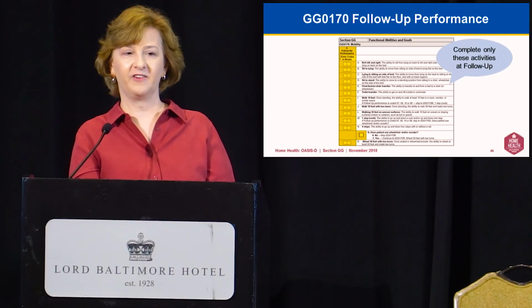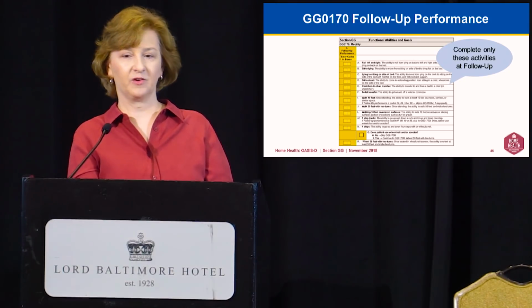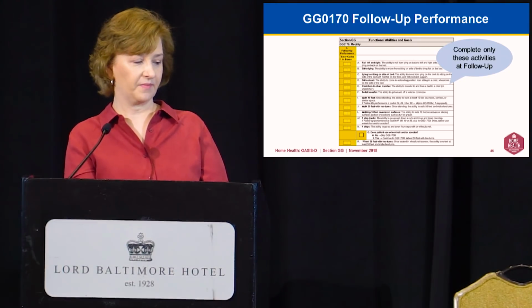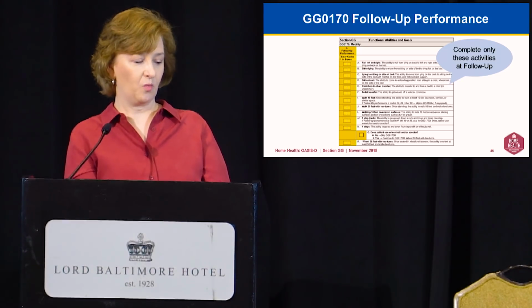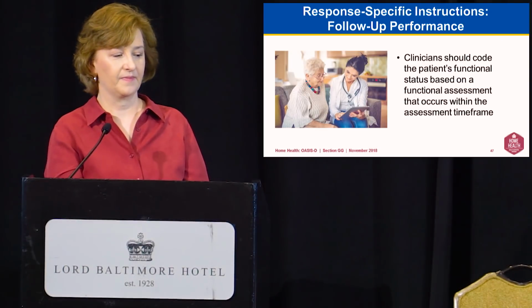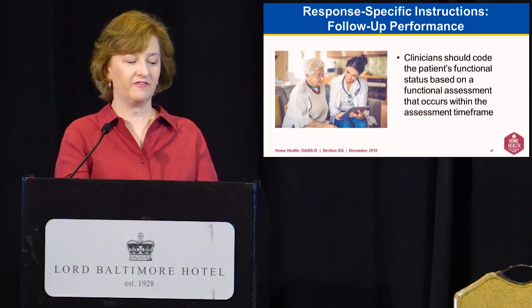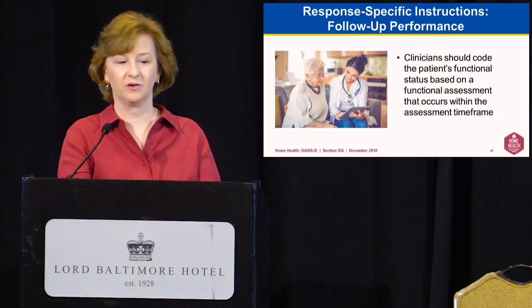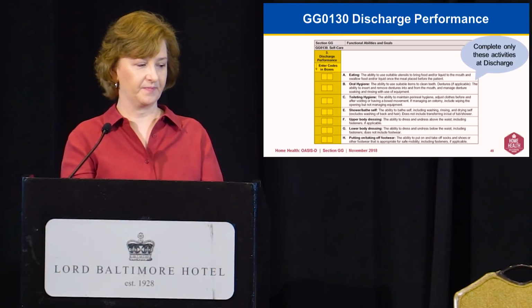And then for follow-up performance in the area of mobility, the areas that are covered include several of the bed mobility items, some of the walking items, steps, and one of the wheelchair items. Clinicians should code the patient's performance at follow-up based on an assessment that occurs within the assessment timeframe for follow-up.